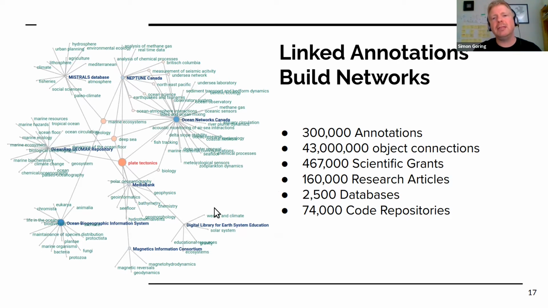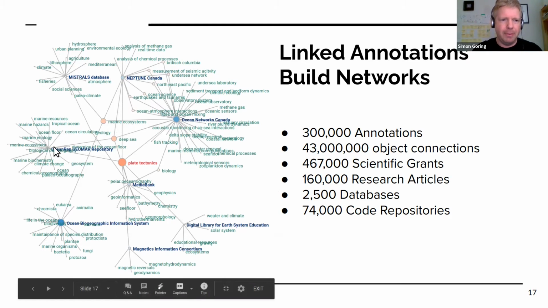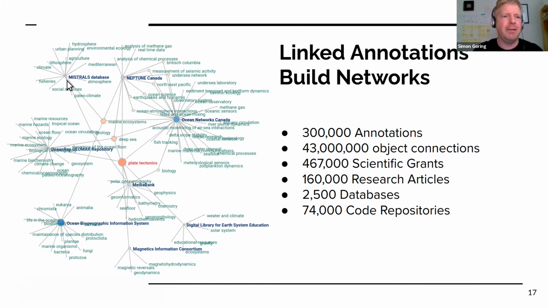So this is a relatively large knowledge graph that we now have, and we have information not only about the objects themselves, but also about the connections between them and the kinds of connections. And so here's just an example of different code repositories and the connections that they have just among their keywords. You can see here's Ocean Networks Canada and some of the keywords that are used to describe it, and then connections between other repositories that share those keywords.